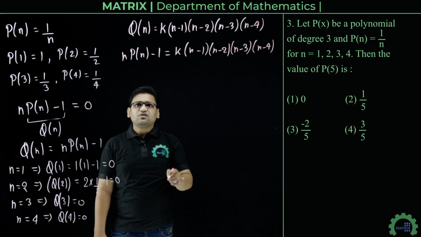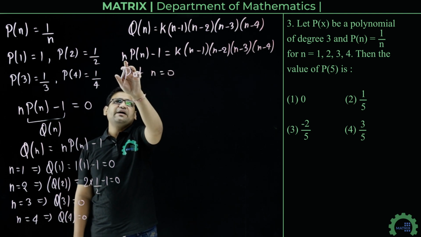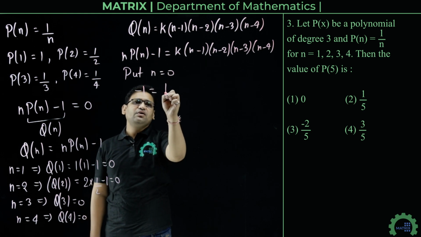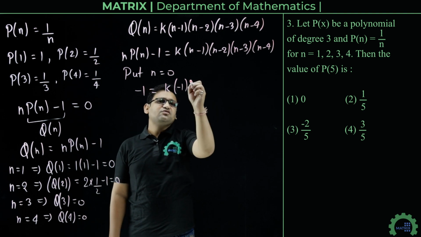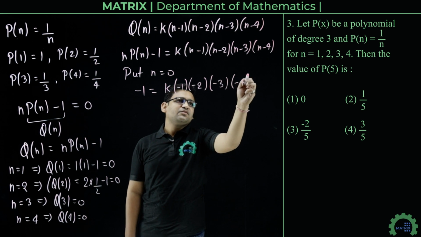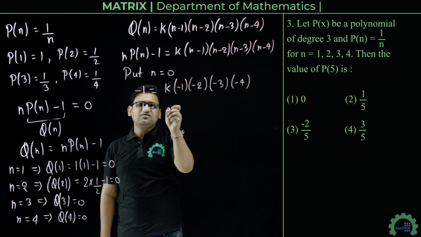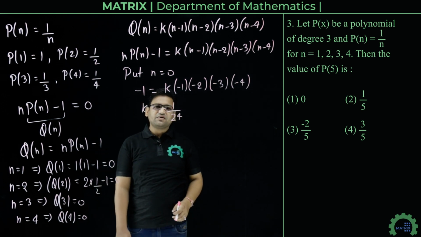Now when we put n equals to 0, we get 0 into something minus 1, that is minus 1, equals k into 0 minus 1, 0 minus 2, then 0 minus 3 and 0 minus 4. So from here we get k equals minus 1 upon 24. Hence the value of k is minus 1 upon 24.